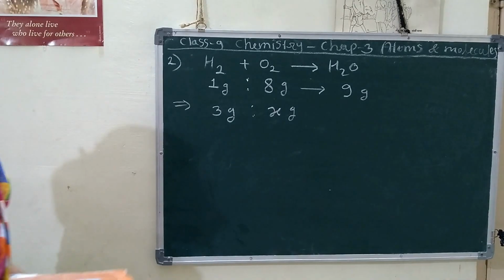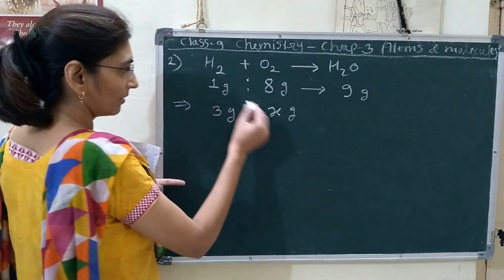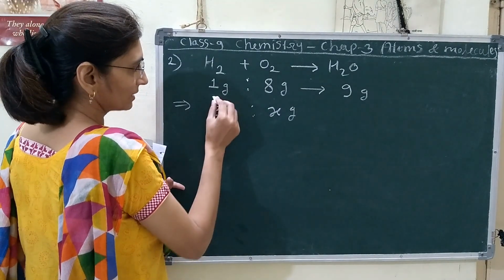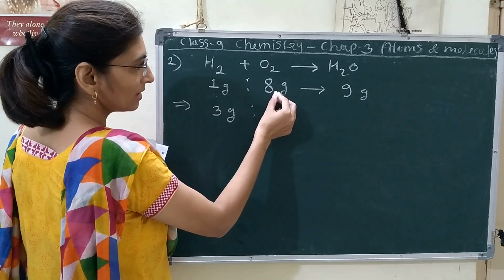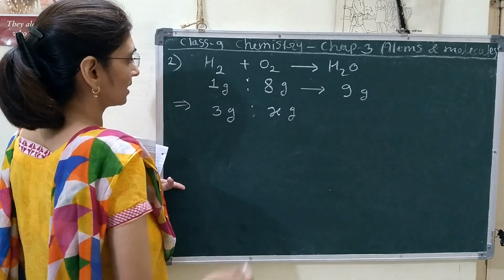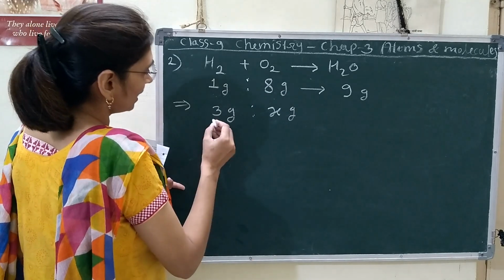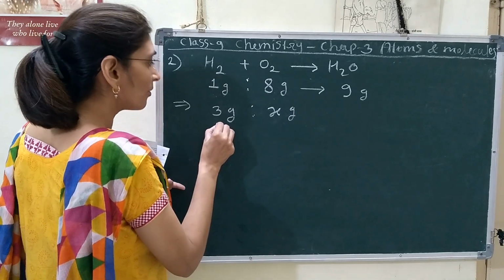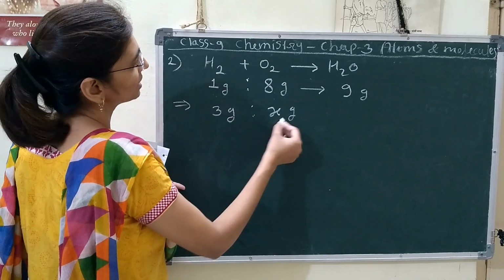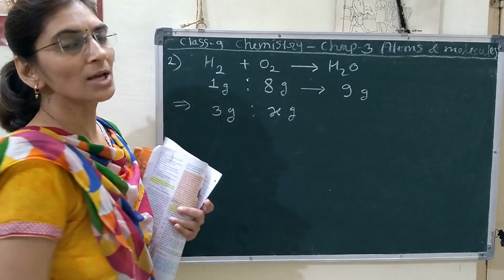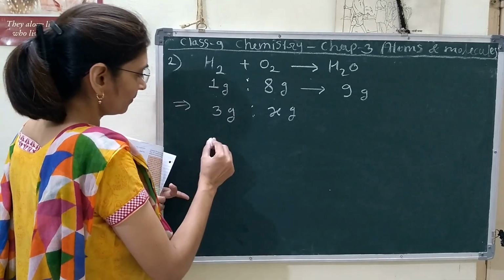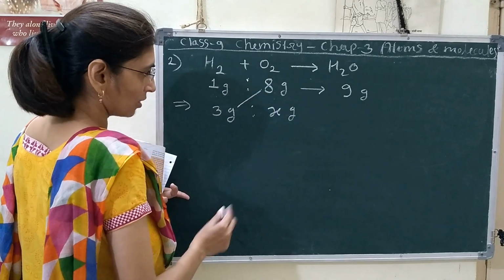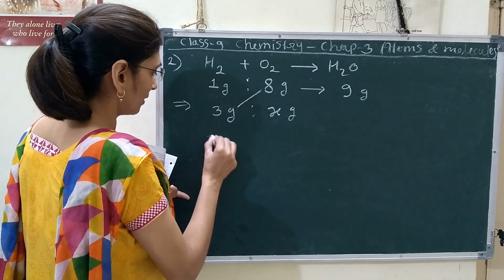By the unitary method we can solve it very well. You know what the unitary method is? If 1 gram of hydrogen is taken, then 8 gram of oxygen is taken. And if we take 3 gram of hydrogen, then how many gram of oxygen do we have to take here? By the unitary method, by cross multiplication, we can find the value of x.